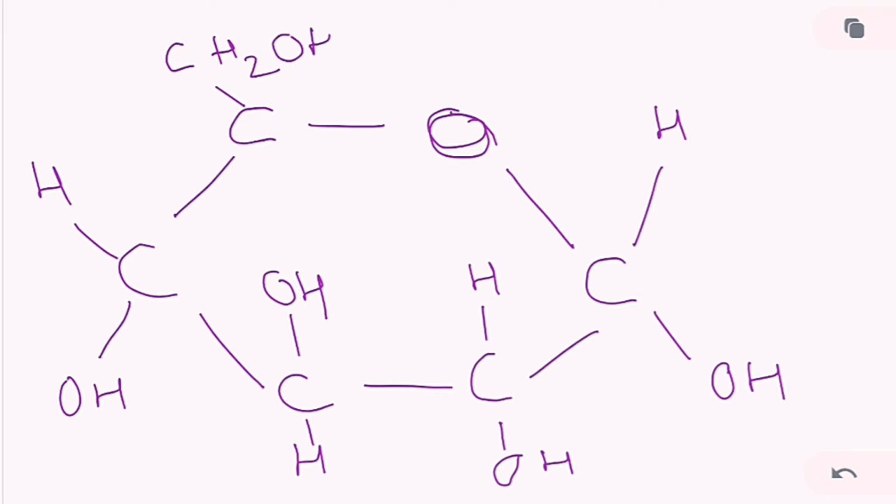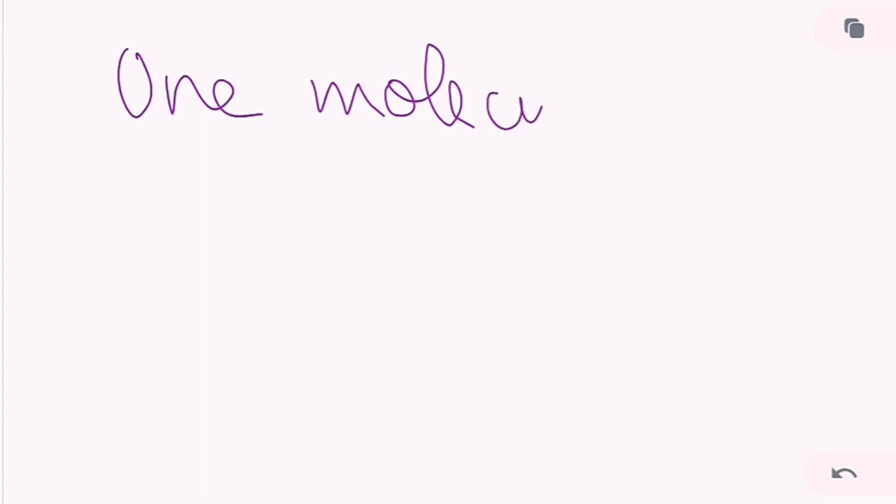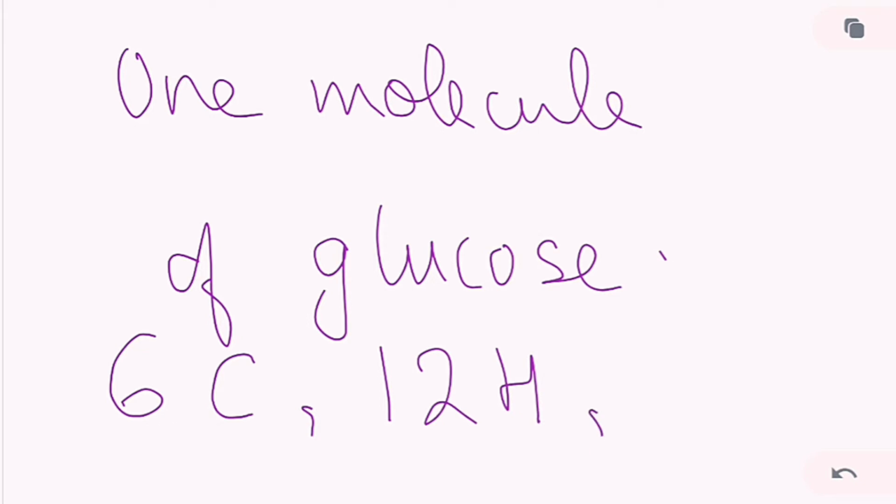It goes like CH2OH. This is the glucose molecule. That is one molecule of glucose. In that structure we have 6 carbon atoms, 12 hydrogen atoms, and 6 oxygen atoms.